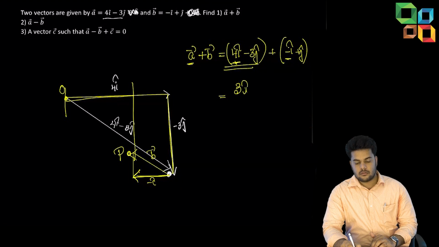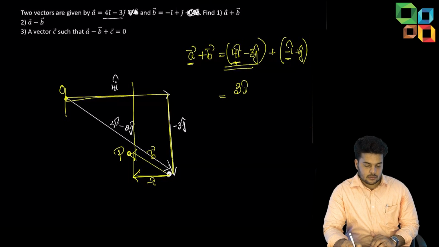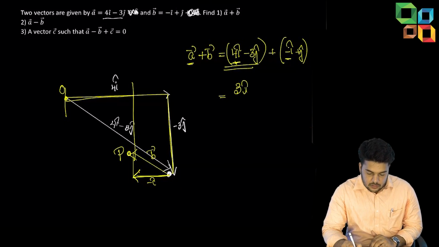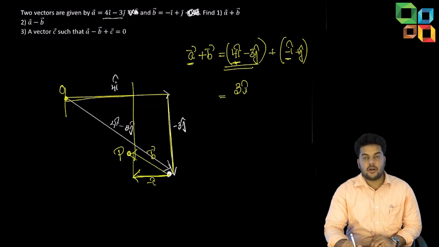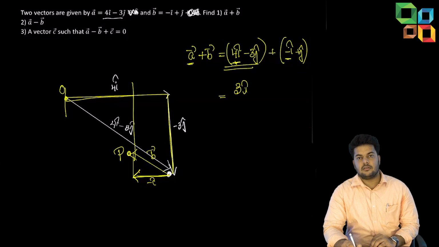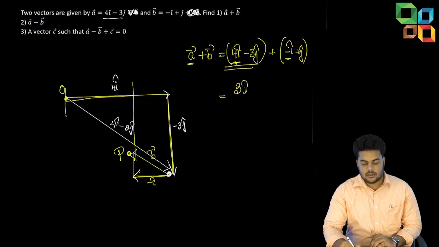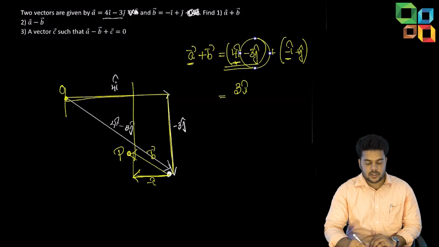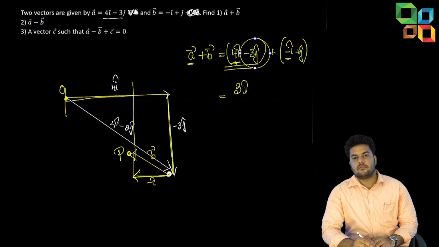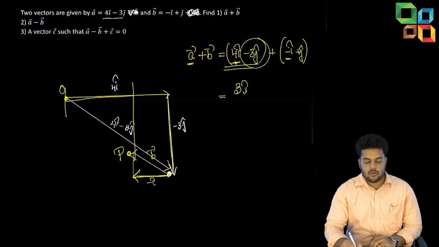Minus 2J. Where are you saying this? Where is minus 2J? You're telling me the answer, is it? Sir, yeah. So minus 3J went 3 steps down and you came 1 step up, isn't it? So what is the net distance that you have walked?